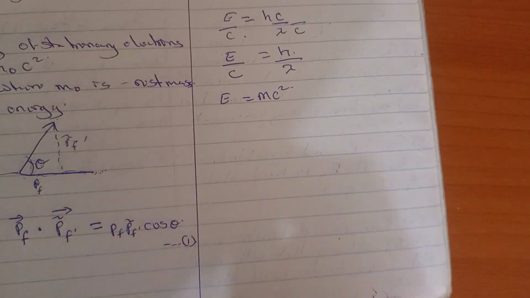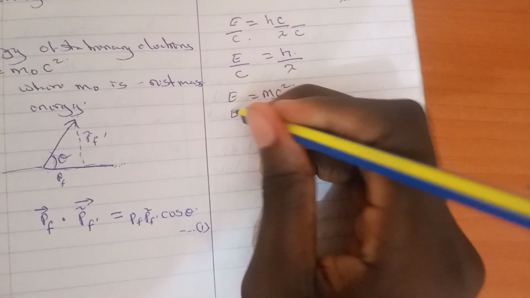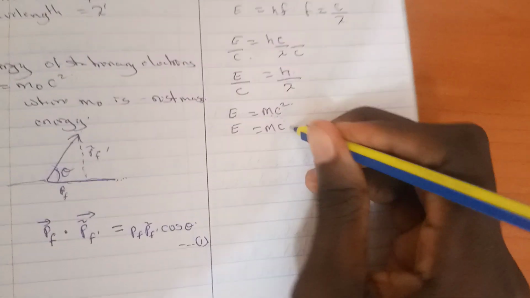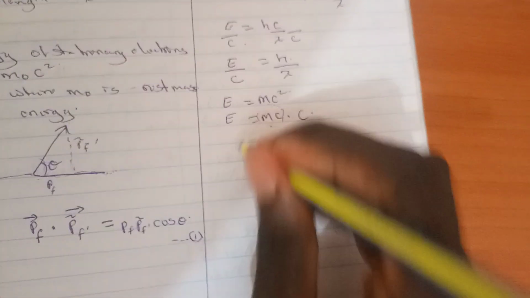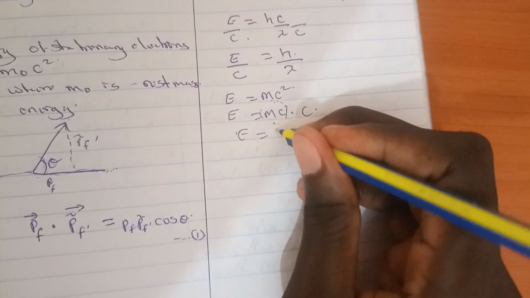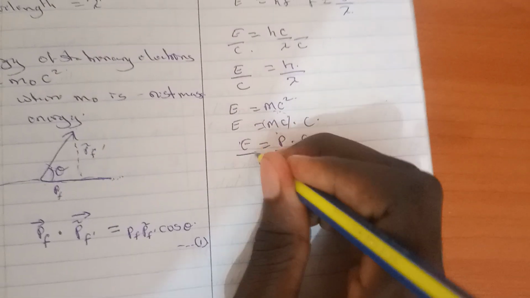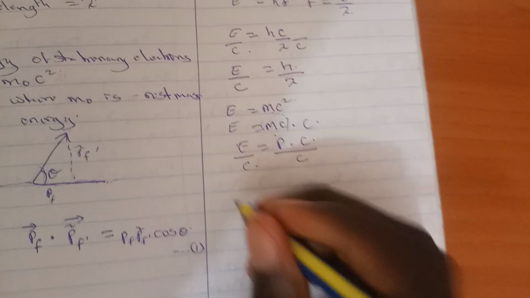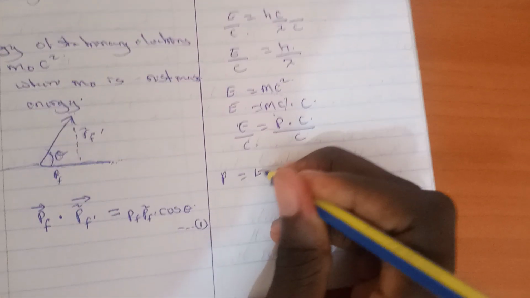Energy is equal to mc squared. Now, we want to find momentum here. We can write this equation as E equals mc dot c. mc will give us momentum, so we have E equals momentum times c. We divide by c, so we get that momentum is equal to E over c.